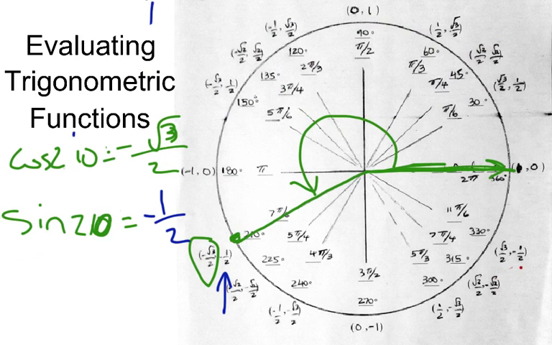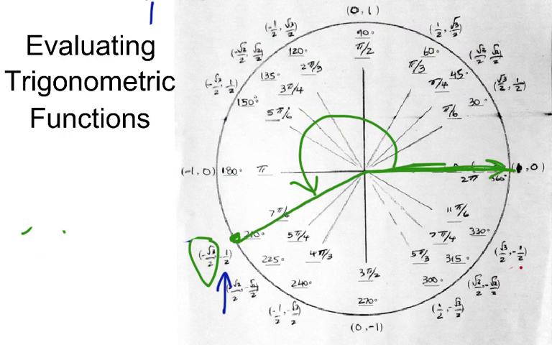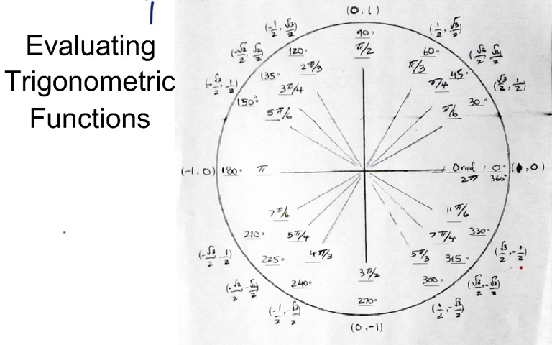We haven't done negative angles. Let's do negative angles, just to visualize them. Let's say I'm doing negative 30. Let's do cosine of negative 30.